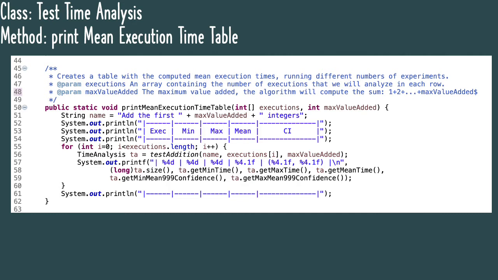And we created a new method that will print the mean execution time as a table. For this method, we'll receive an array with various numbers representing how many times we execute the algorithm to compute the mean, in a way representing the sample size that we'd like to consider, and also receive as a constant the max value added.